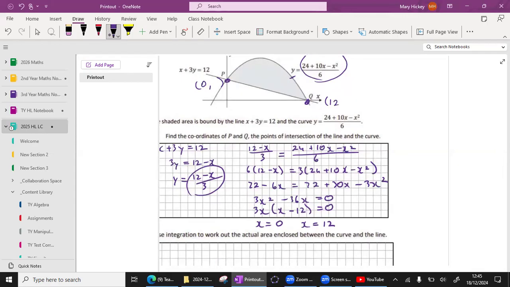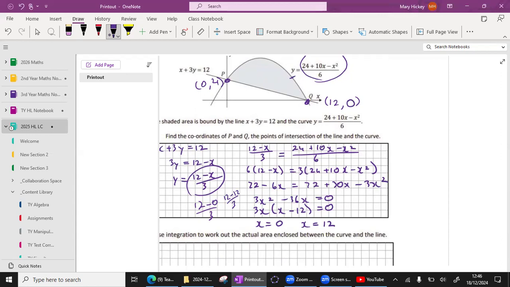We don't have our y parts, and we do need the coordinates of them as well, so it does ask us for coordinates. If I put 0 in the place of x, I get 12 minus 0 over 3, which is 4. And then if I do the same with the 12, I get 12 take 12, which is 0, over 3, which is 0, which makes sense because it's lying on the x-axis anyway.